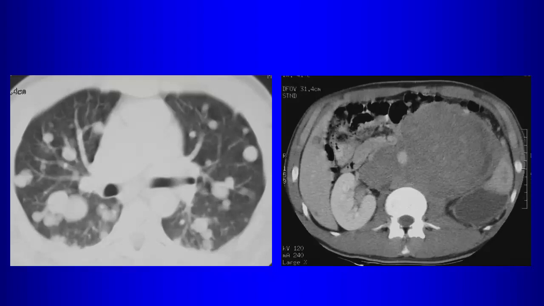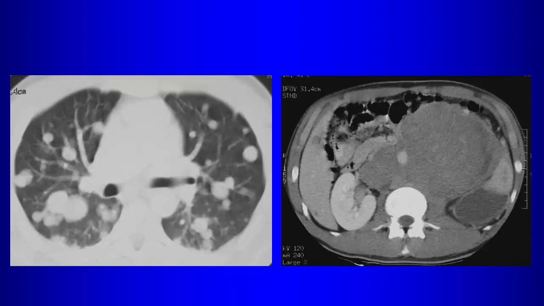Anything else? Yeah, so large retroperitoneal tumors, the most common primary retroperitoneal tumor, especially if it's a large mass, you would think of sarcomas, okay? So it can be any kind of sarcoma, MFH, leiomyosarcoma, right? So those things would be in the differential.